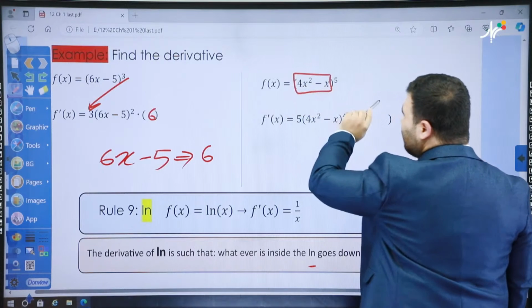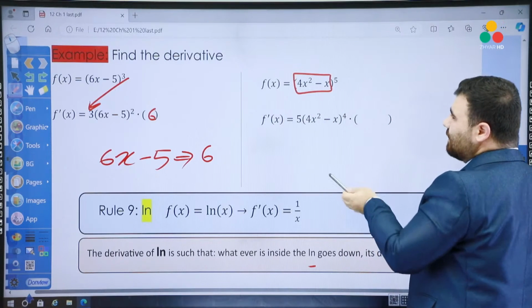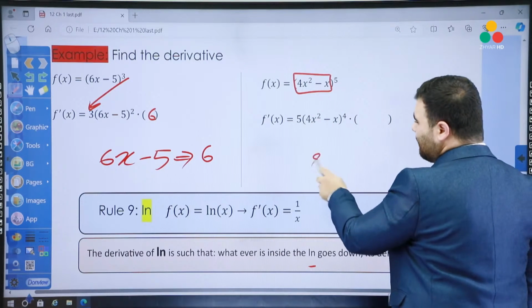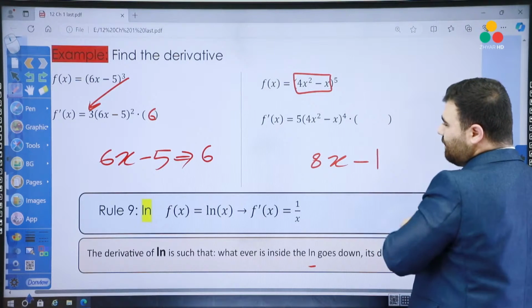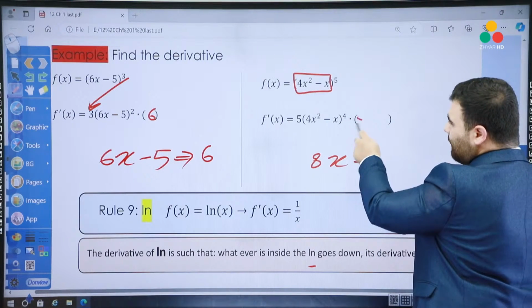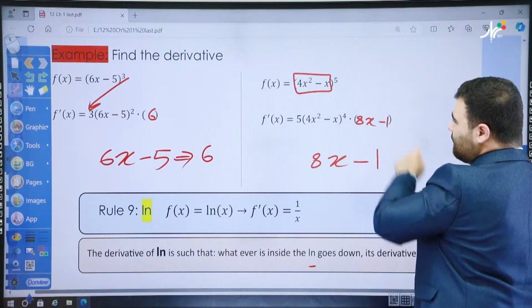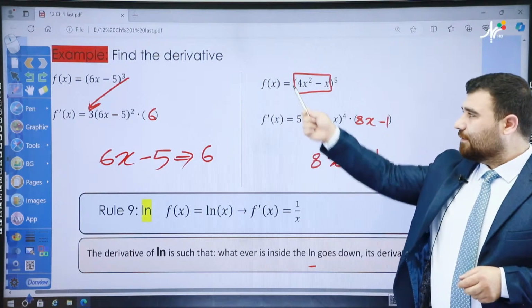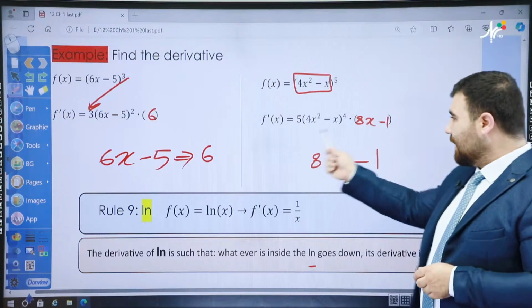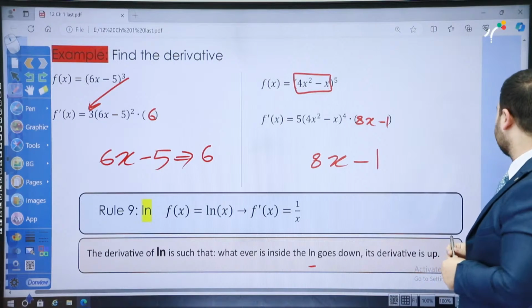This is the inside. What's the derivative of this? Derivative of 4x power 2 is 8x, minus derivative of x is 1. Then inside this bracket, we write 8x minus 1. This is the derivative of this function. We can simplify this.